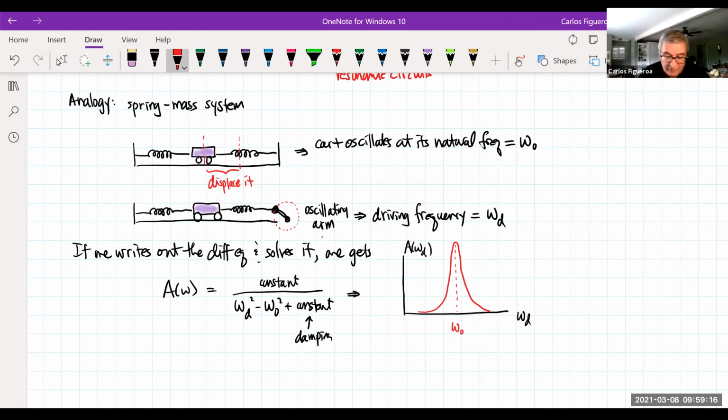So what you're seeing here is that when you're oscillating this guy, you're going to get maximum amplitude when omega d is equal to omega naught. And so you get maximum amplitude.